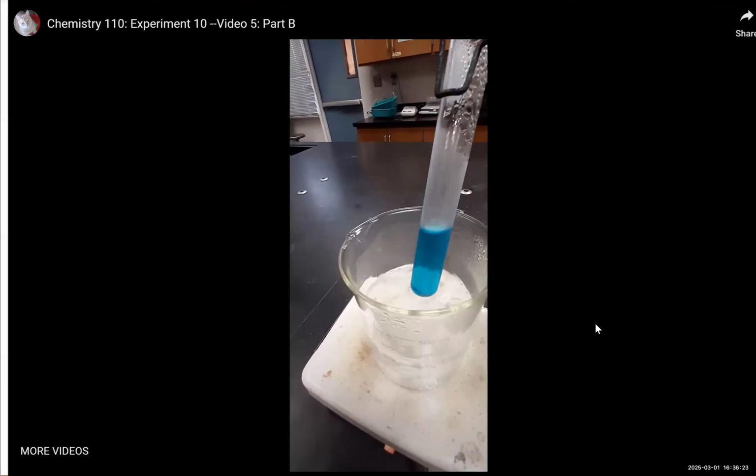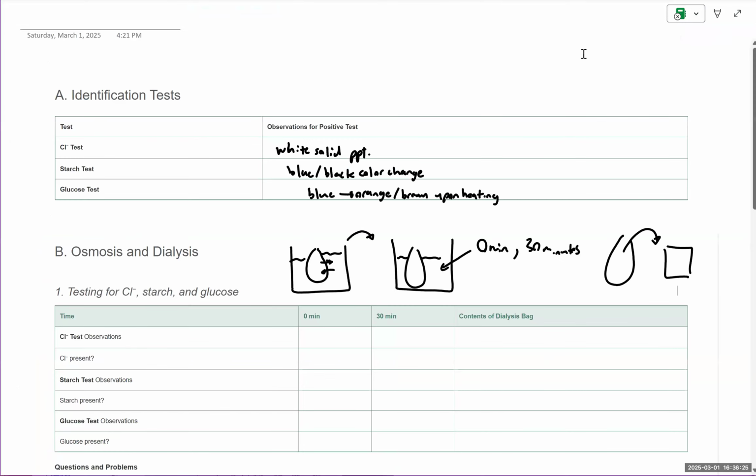So let's tabulate our initial results. At the 0 minute, we observe no precipitate. So that tells us there is no chloride present. For the starch test, we see no color change.